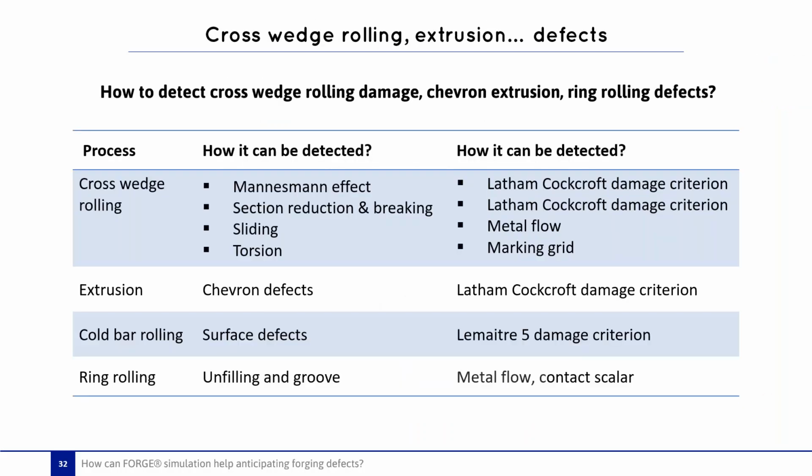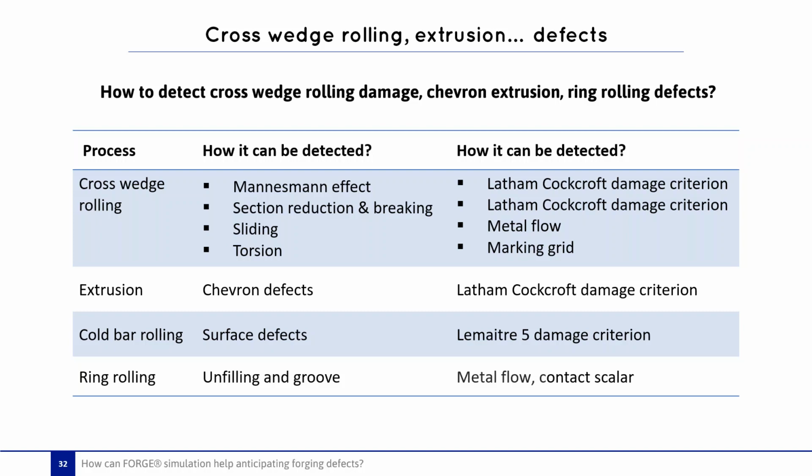Several defects can occur during the cross-wedge rolling process. The Latham-Cockcroft damage criterion can be used to detect necking and breaking defects. Metal flow can be used to check the sliding defect. The marking grid can be used to identify the torsion. In the extrusion process, chevron defect may appear.